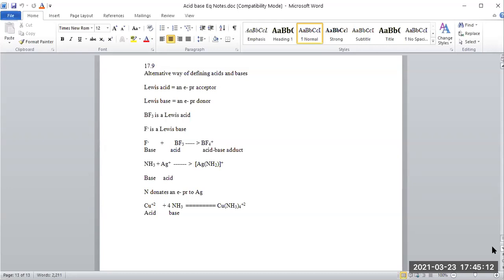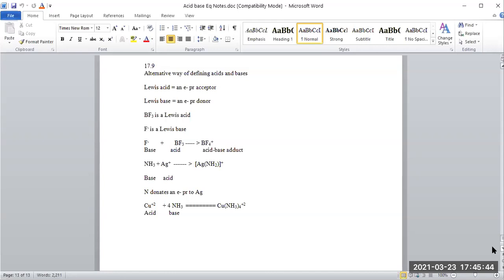So it would be more likely to gather them up from another source. Your Lewis base is an electron pair donor. So it needs to have at least enough electrons to be able to part with some. So things that have enough electrons to give them away are going to fall in the Lewis base category.